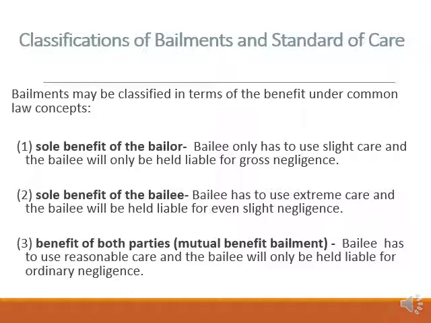Under those circumstances, if my friend's not paying me, I'm not getting a benefit out of it. So it would be for the sole benefit of my friend. My friend would be the bailee. I'd be the bailor. The bailor is the person who delivers the personal property to the bailee. The bailee, the friend, has to use a lot of care because it's only for the benefit of that person. The bailee will be held liable or responsible for even the smallest bit of negligence.